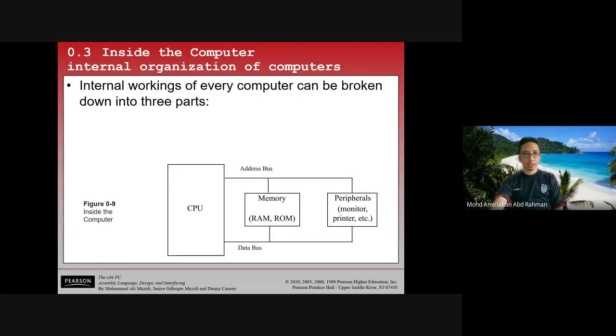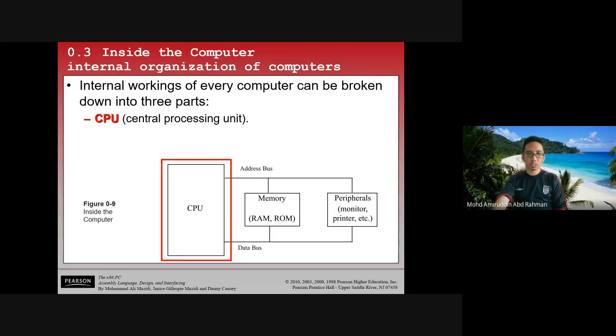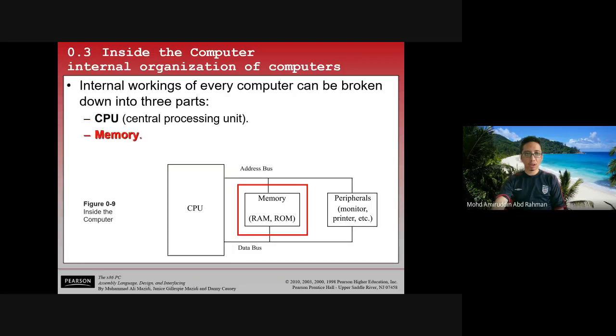So inside the computer, the internal workings of every computer can be broken down into three parts. First we have the CPU. The CPU is the central processing unit, where everything is controlled. Next we have the memory, which contains RAM and ROM.